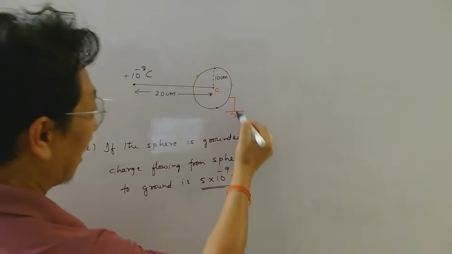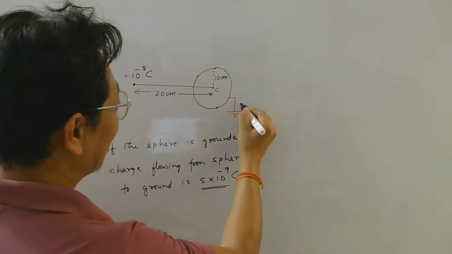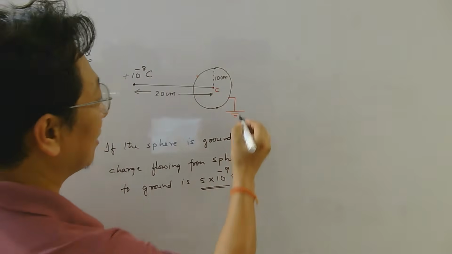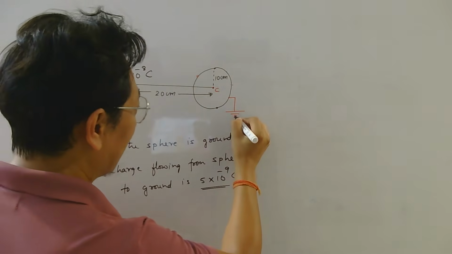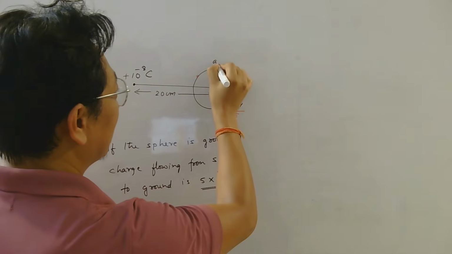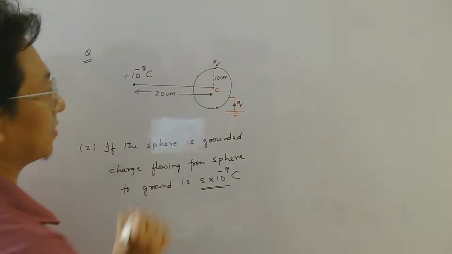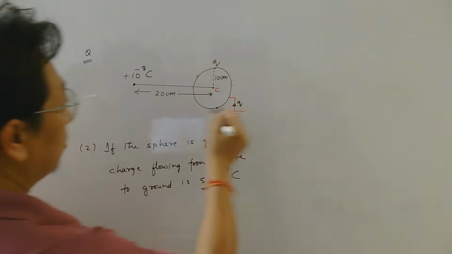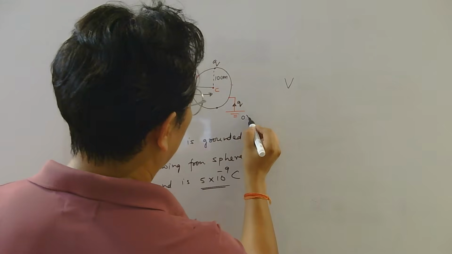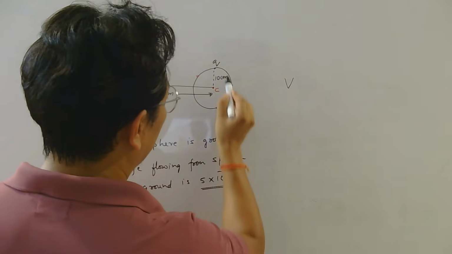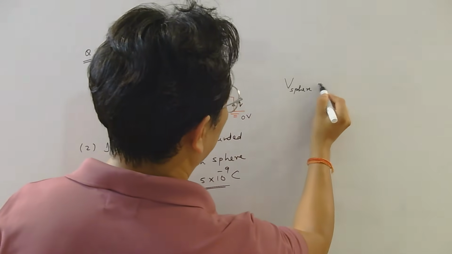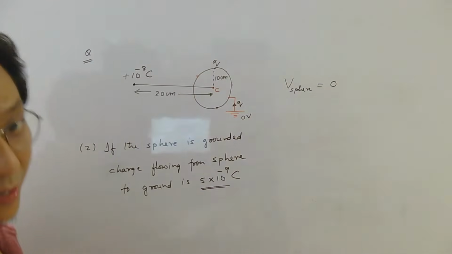But once you ground, some charge, let us assume, comes from the ground to the sphere. Let us say Q charge came from the ground to the sphere. So Q charge came like this and it stays here on the outer surface. Since you have grounded, the potential of the ground is 0 volt, and the moment you connect it to this conductor, the potential of the sphere will automatically become the same as the ground, which is 0.